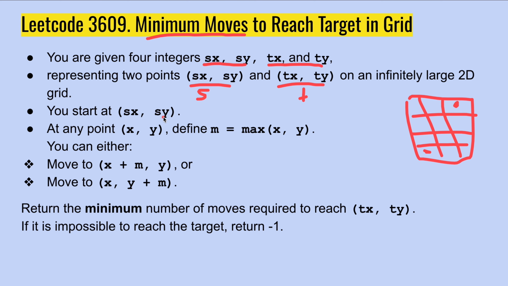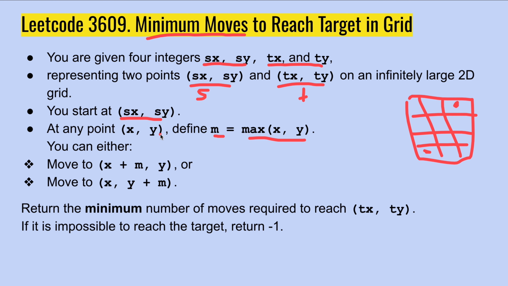You need to start at some point called the source point, and at any point you can take m, which is the max between x and y. How do we represent this move? Move to x plus m comma y, or x comma y plus m.